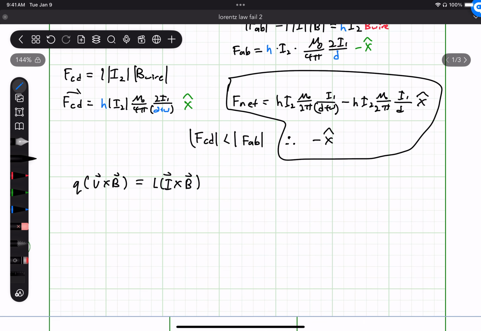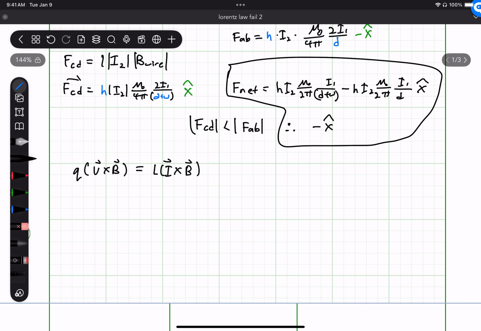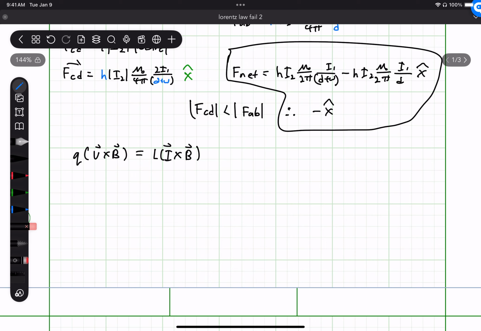By logic, you can reason that q is charges and it has some kind of speed to it. And on the right, we have current, which is charges at some sort of speed. But if you want to do the dimensional analysis, it actually works out.